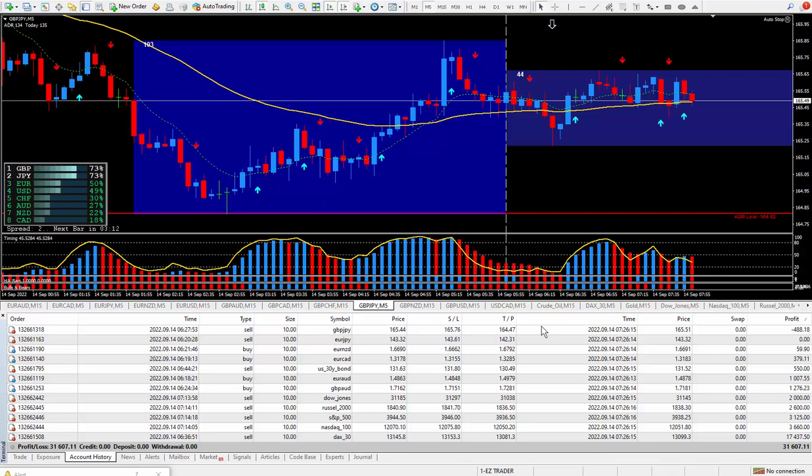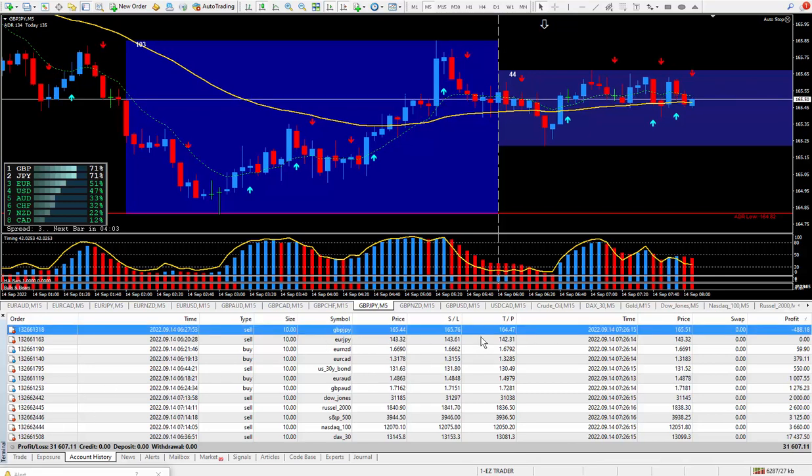So on this first trade, pound yen, let's run a check on this trade. Here we go. Took the trade at this cursor here. Now I was profitable at this point, but as the market is very random, it can do things like this.